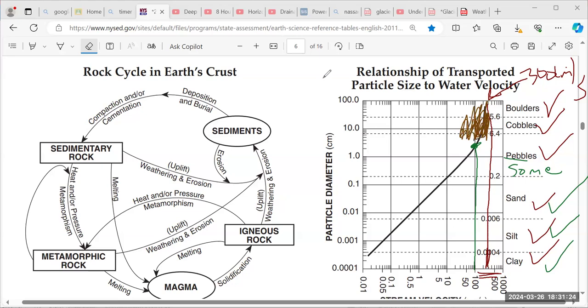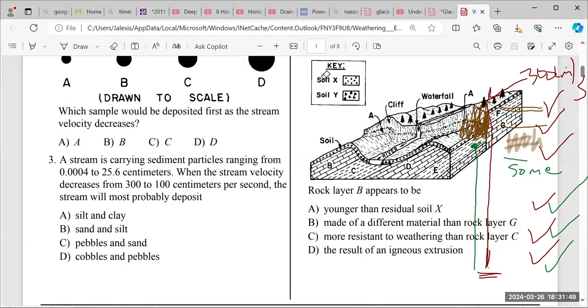Because of that, I can't carry boulders anymore, I can't carry cobbles anymore, and there are only some pebbles that I can carry. So the correct answer in this case is choice D, cobbles and pebbles.